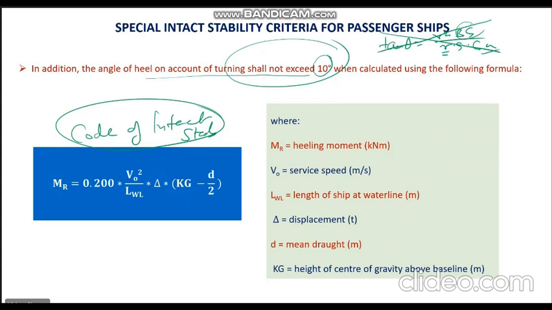So when you have to find the heel caused in a normal scenario, then you'll apply the tan theta formula. Only when the question wants you to establish whether the vessel is complying with this requirement of intact stability for passenger ships, then only this formula would be used. So is it clear when to use this formula? Am I clear?